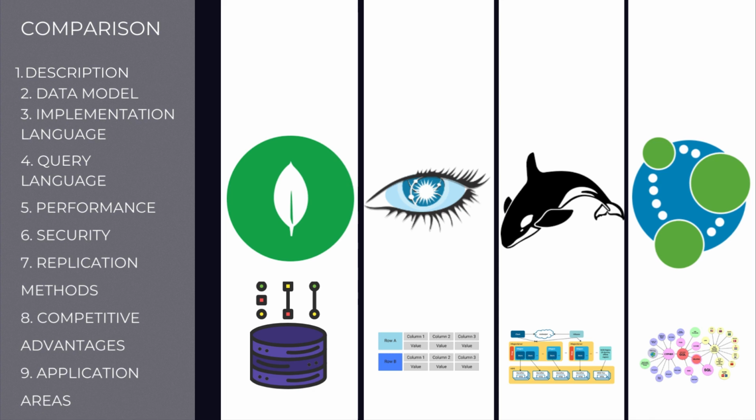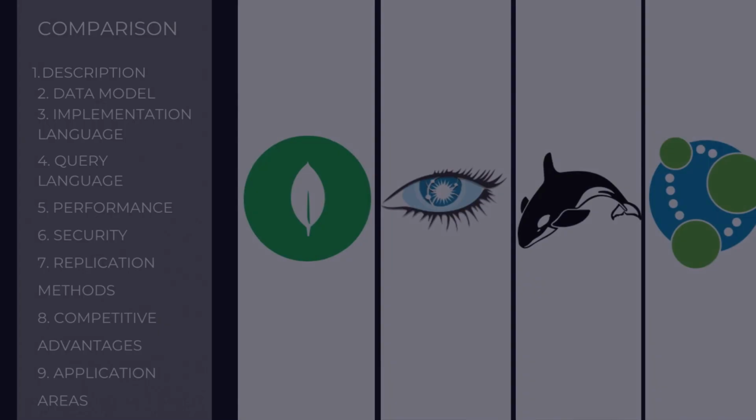Next, in case of Neo4j, it follows a property graph model. It consists of nodes, relationships, and properties. Nodes represent entities, relationships represent connections between entities, and properties are key-value pairs associated with nodes and relationships.